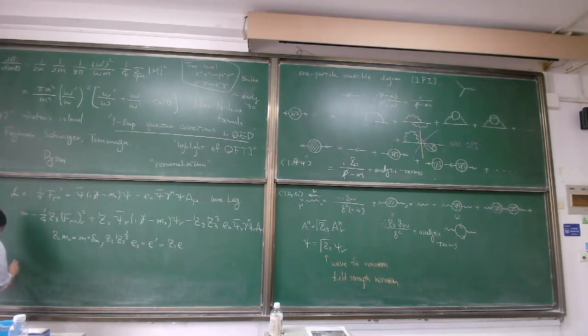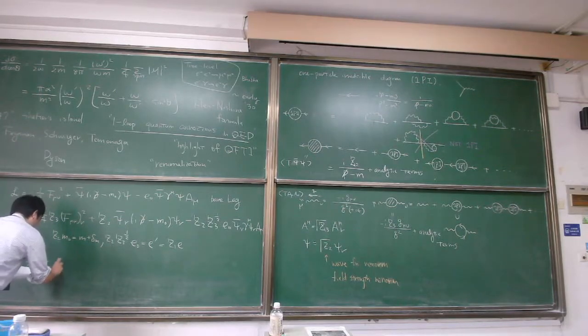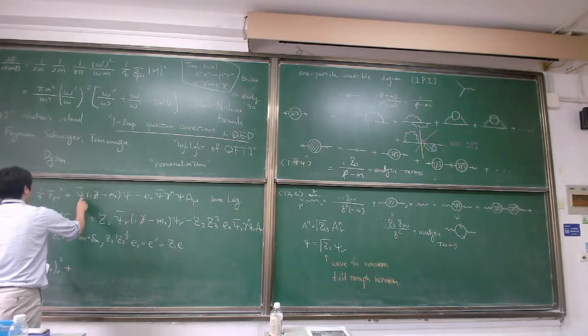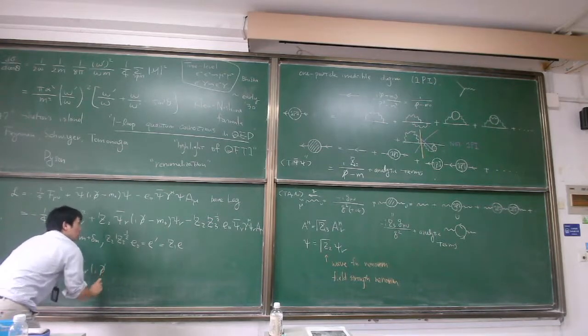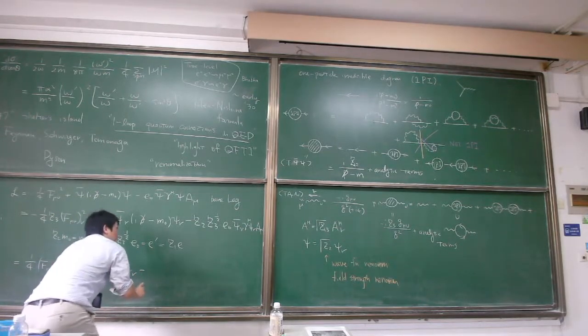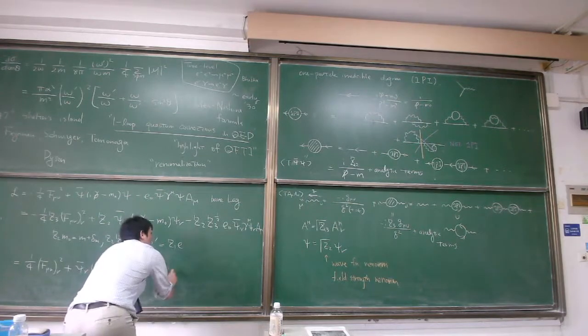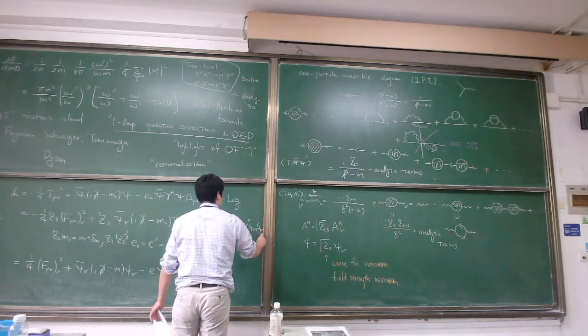At the end of the day, what we have is F. I already omitted R, but maybe I can just keep R now, everything R. Psi bar R, I slash partial minus M R, minus E psi bar gamma mu psi R mu R.